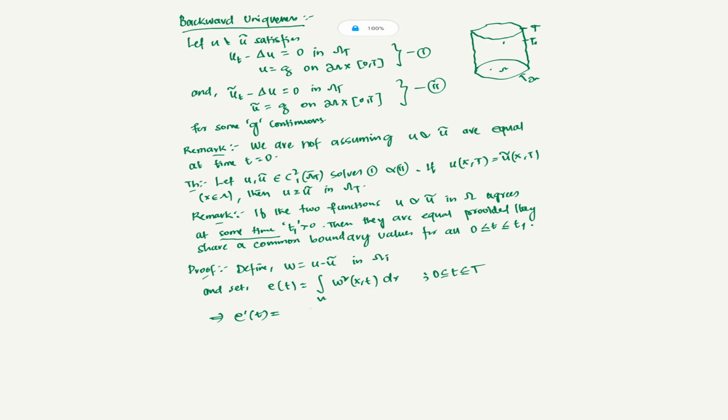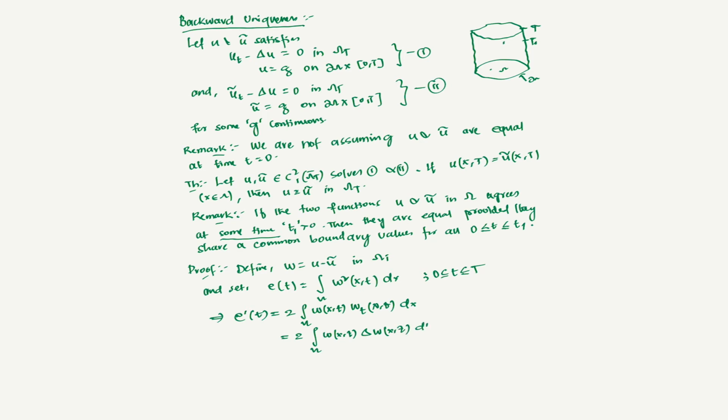So I can take at least one derivative here. If I take one derivative, that will give you 2 times the integral over omega of w times w_t of x, t. Why can I write it like this? Because I can take the derivative with respect to t inside, since this is an integral with respect to x. Now w_t satisfies w_t equals Laplacian of w in omega. So this is the integral over omega of w times Laplacian of w.